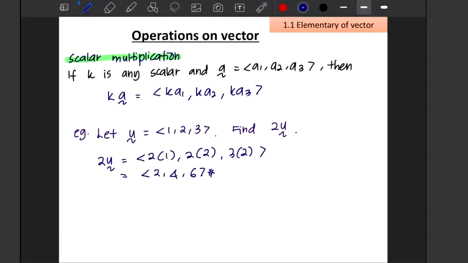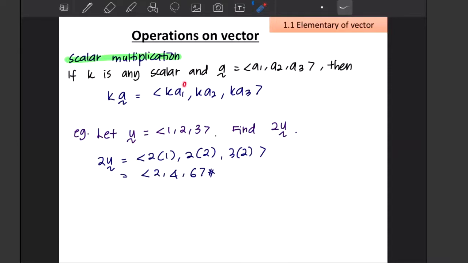Scalar multiplication. If k is any scalar, where a scalar is a number, and a is the vector, then we can multiply k with vector a.